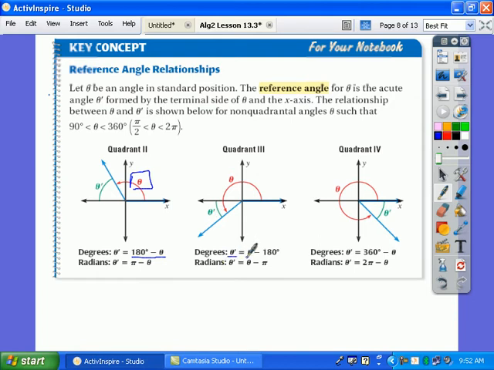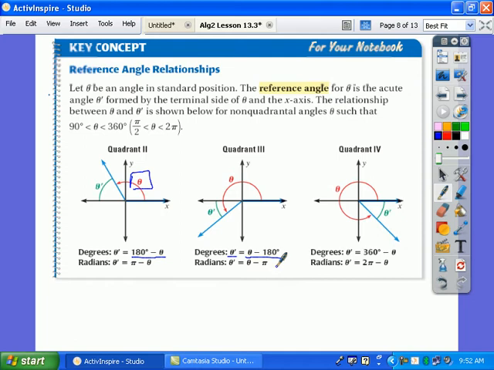That's going to give us an angle that's between 0 and 90, and hopefully I know how that angle is going to behave, and then I'll know how theta is going to behave. The goal is to understand what theta is doing by knowing what theta prime does. And theta prime is a smaller number. We all like smaller numbers, and so that's the goal.